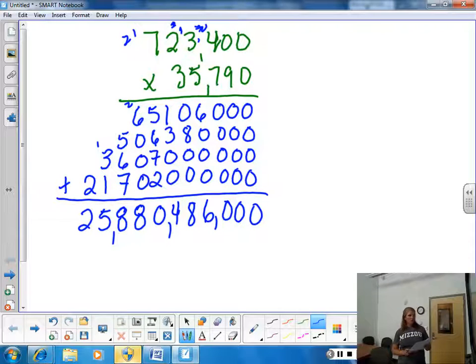So the total amount of money that people made working in that industry was 25,880,486,000.